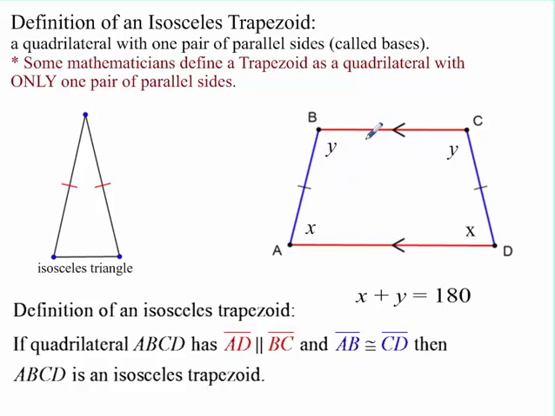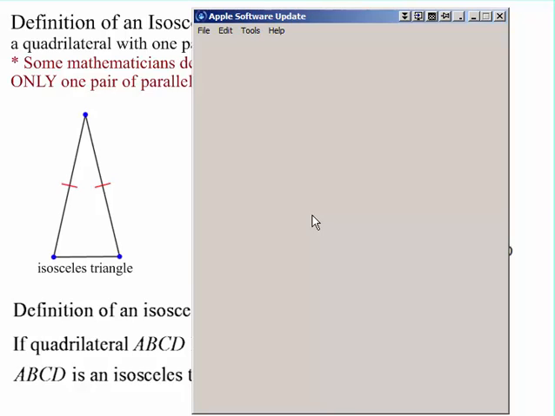So you have a special case where this leg is congruent to that leg, which sets up some interesting properties. These two base angles next to this base are going to be congruent, and up here, base angles next to this base, these two are going to be congruent, and these two are supplementary.